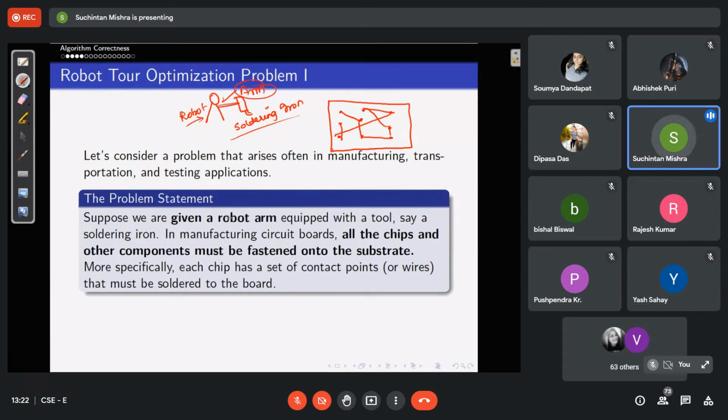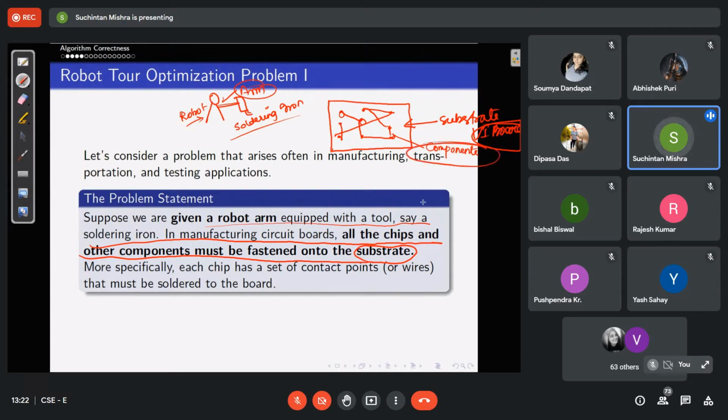So now we are given a robotic arm equipped with a soldering iron, and in manufacturing circuit boards, all the chips and other components must be fastened into the substrate. You would have seen there are several things like this, and this particular thing is called the substrate. Over this substrate, you will place all the components.